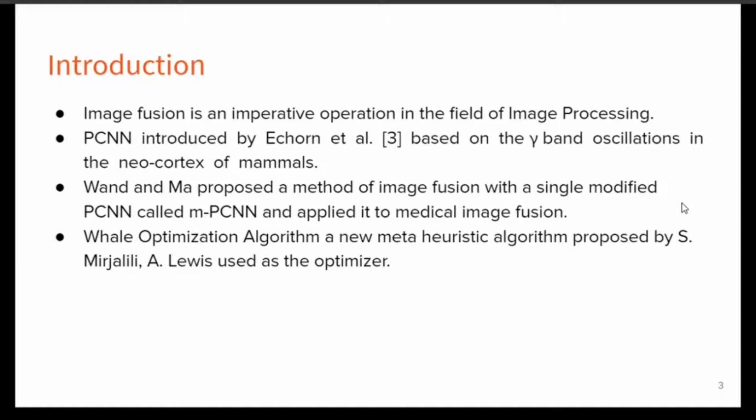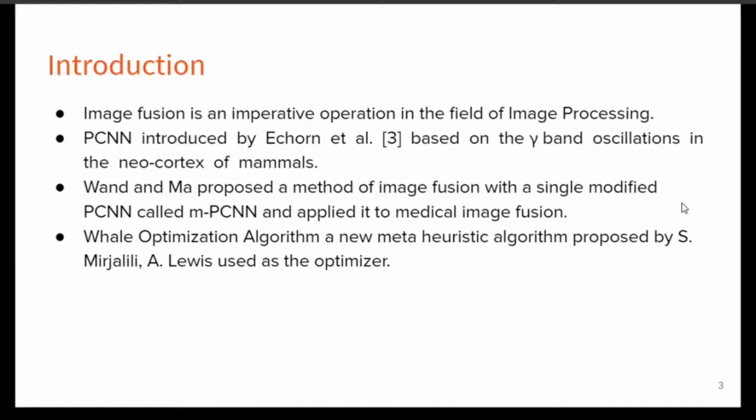In view of these limitations, Wang and Ma proposed a simplified PCNN. It still had all the parameters that determined the quality of fusion. However, the number of parameters that were required to tune was lessened by a considerable degree. These parameters can only be mechanically calculated through expensive and time-consuming training.